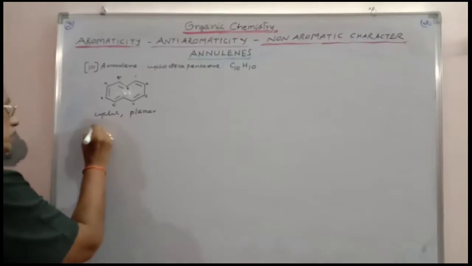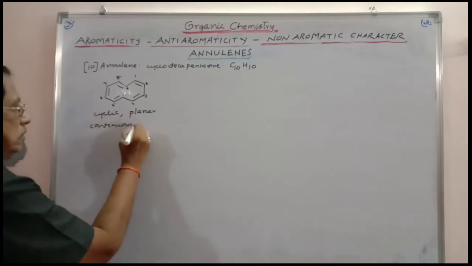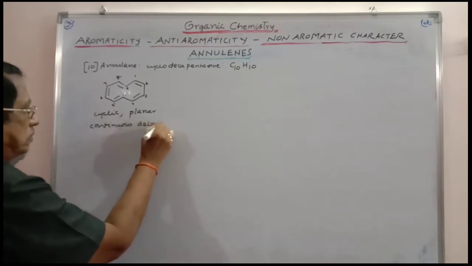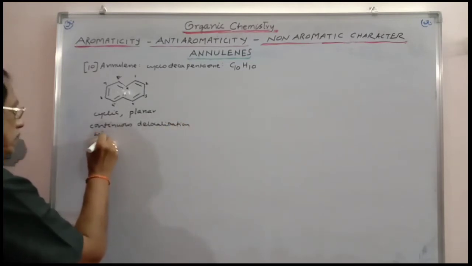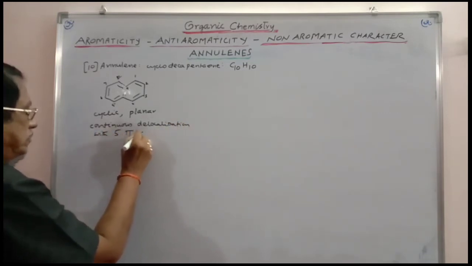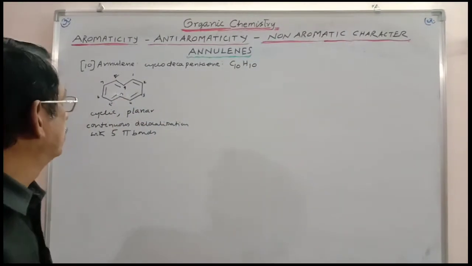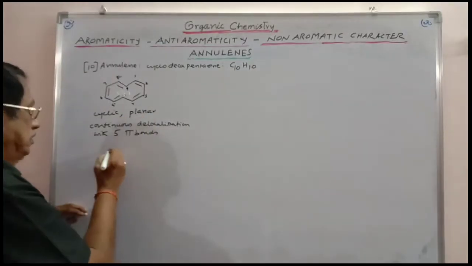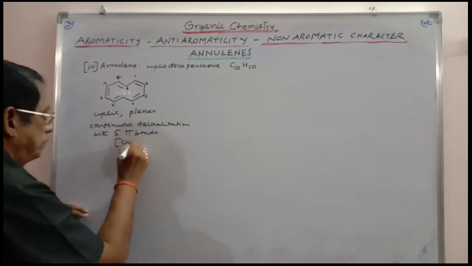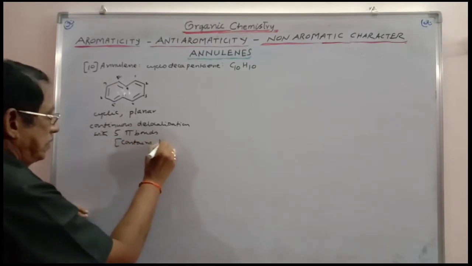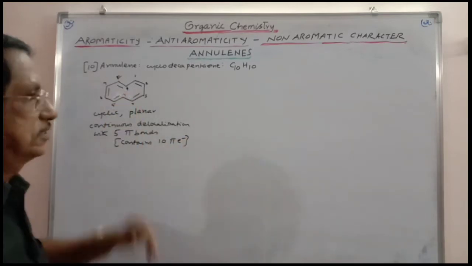So, continuous delocalization is taking place with 5 pi bonds throughout the periphery of the molecule. That means the delocalized cloud contains 10 pi electrons. It is containing 10 pi electrons.